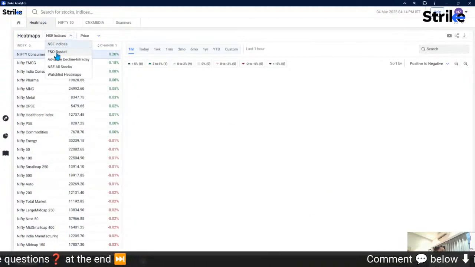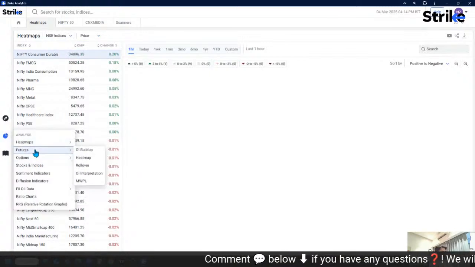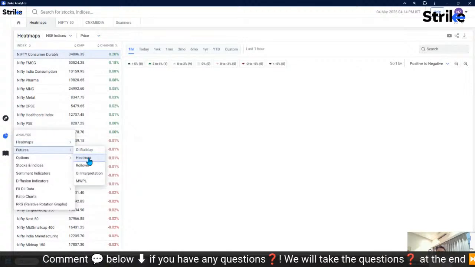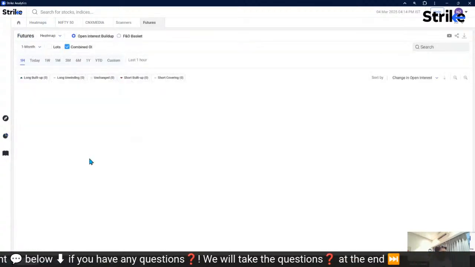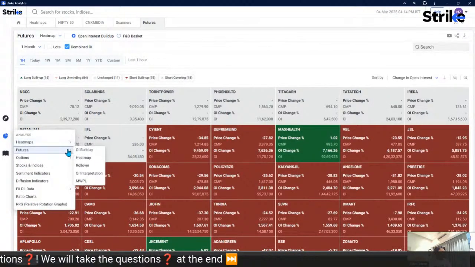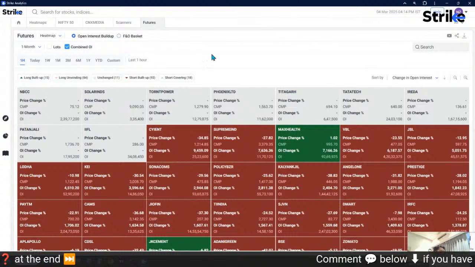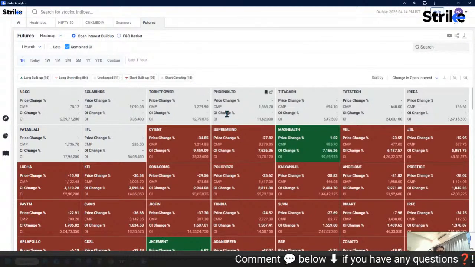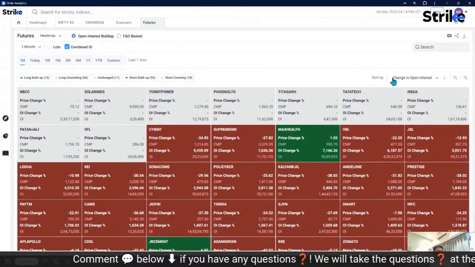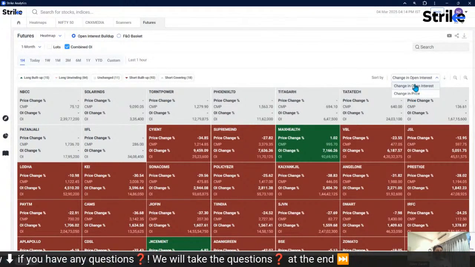And when we are talking about the F&O basket, there in the future segment also, there is a heat map given. In this particular heat map in the future segment, there is a different heat map given over here where percentage OI is also mentioned, and you can sort it out by change in open interest or change in price.